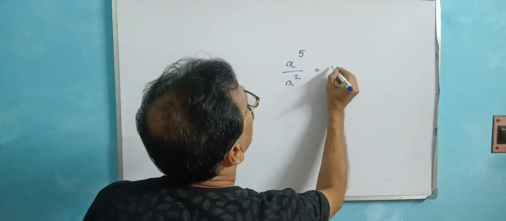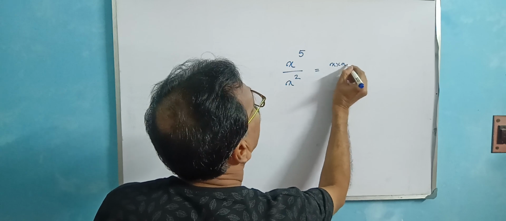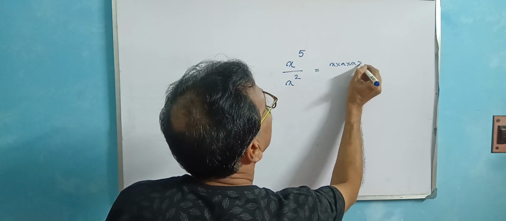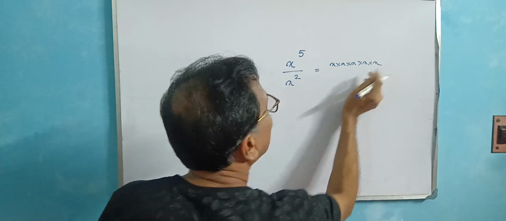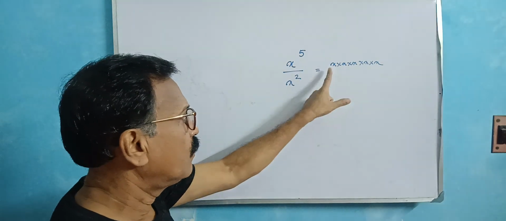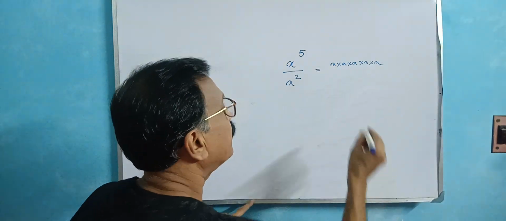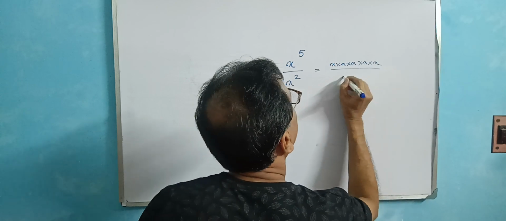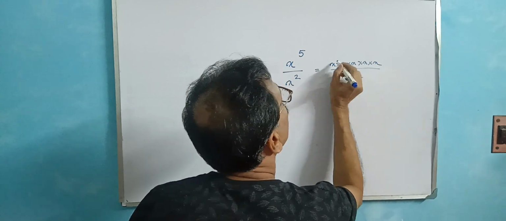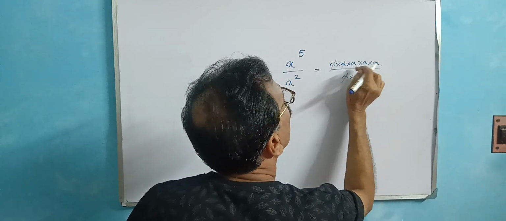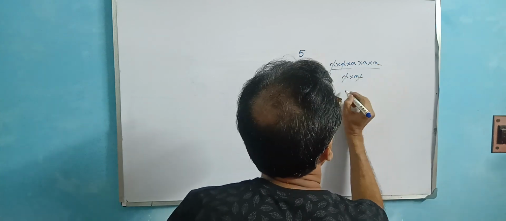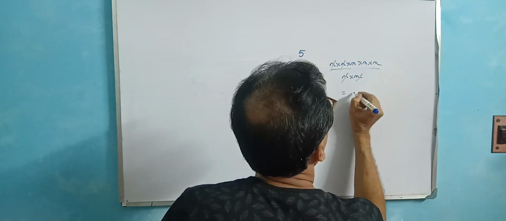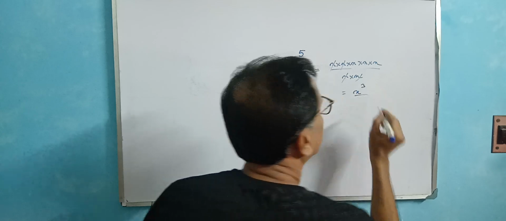X to the power 5 means actually x into x, 5 times. This into this. This is called x to the power 5. 1, 2, 3, 4, 5. And here x square means x into x. So you cut off this. What is the left part? How many are left at the end? 3. x. So x to the power 3.